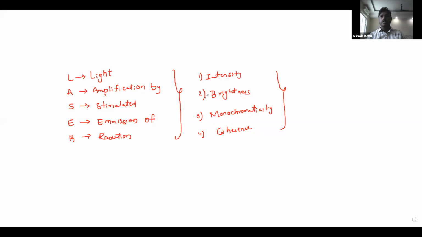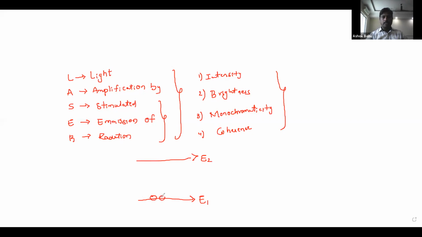Before discussing the characteristics of lasers, we have to know what is stimulated emission of radiation. Taking two energy levels, E1 and E2, E1 is the ground state and E2 is the excited state.